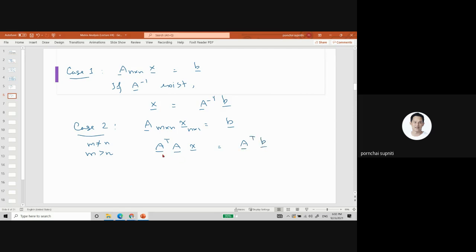And then, because A has dimension m by n, what is the dimension of A transpose?